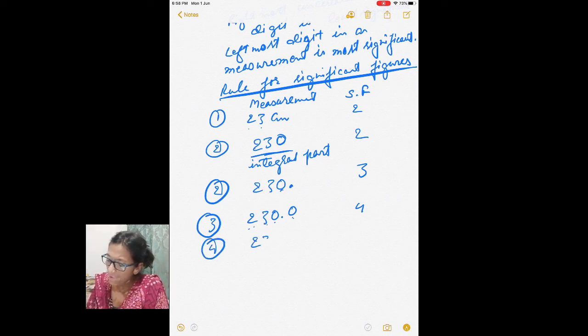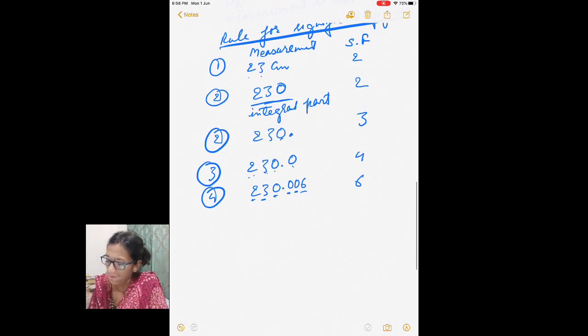If you have some non-zero digits just after 0 in the decimal part, then all the non-zero digits along with 0 in between these non-zero digits make significant figures. So just count the number of digits: 1, 2, 3, 4, 5, 6. So 6 is your significant figure.